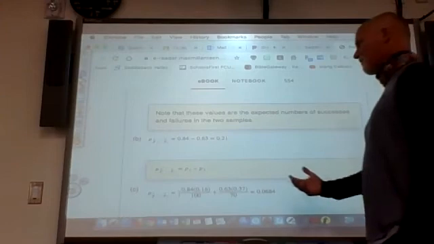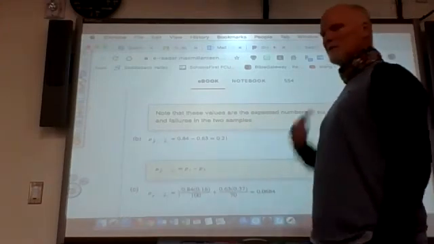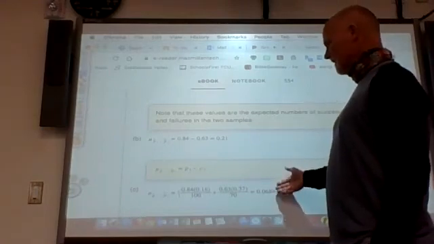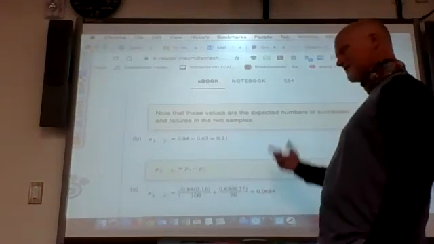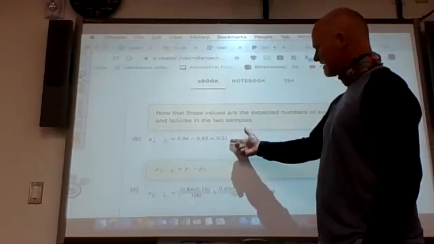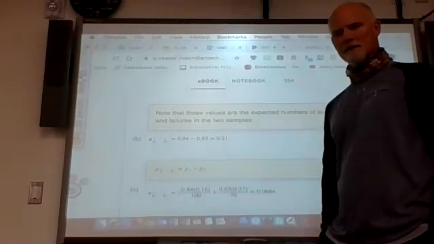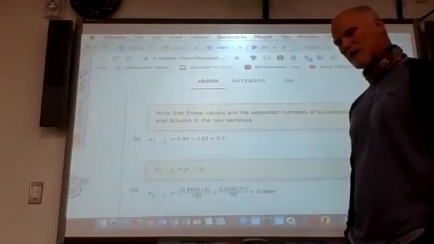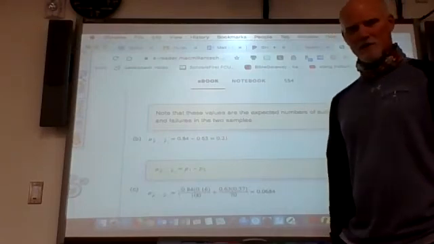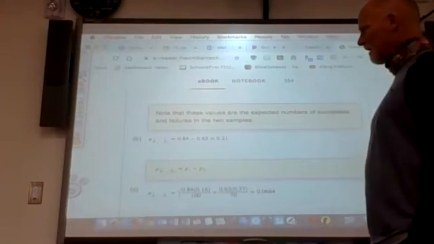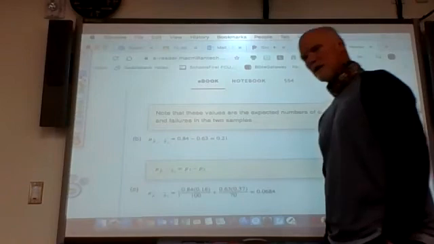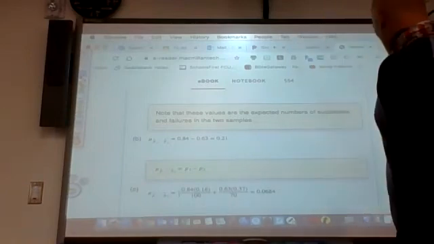Well, that means that when we take similar samples of this, we would expect them to be about, I'm going to round this to about 7%, within 7% of 0.21. So that means I'd have a range from about 14% to about 28%. That would be kind of the expected range of all the outcomes in those samples.